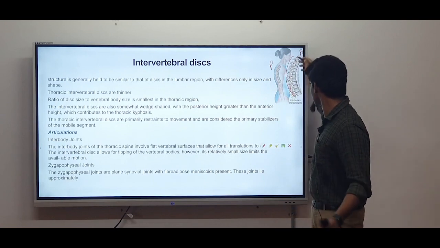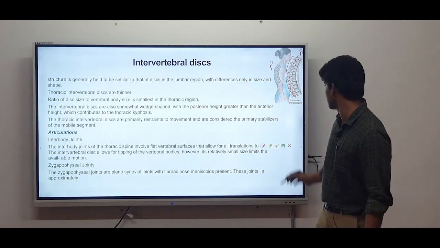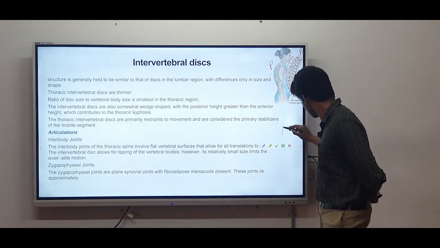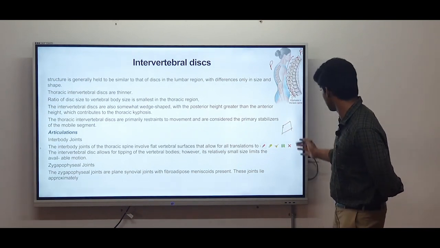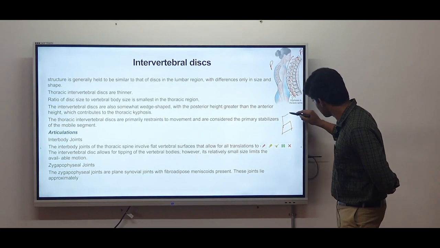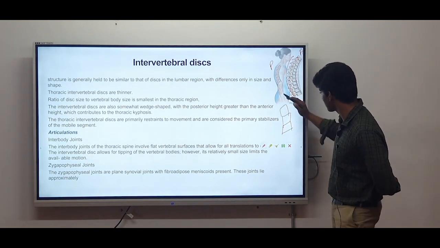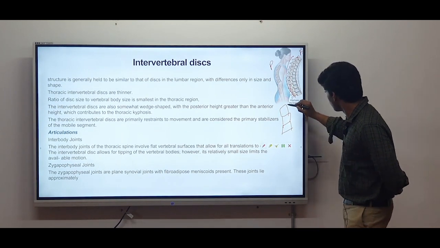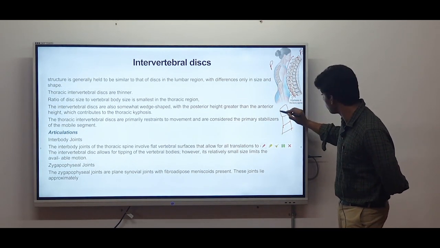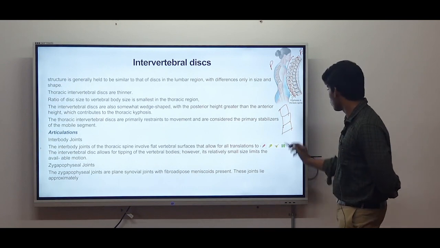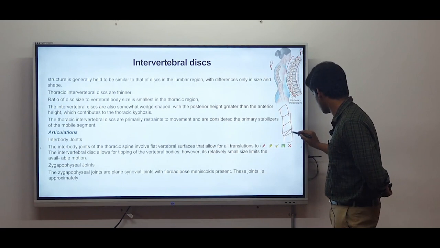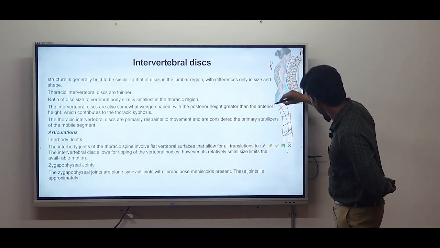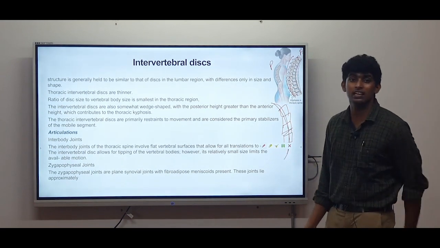This is how we get a kyphotic nature: the discs have a wedge-like appearance where the posterior height is more than the anterior height. So if we have many wedge-shaped discs, automatically we will get a kyphotic curve.